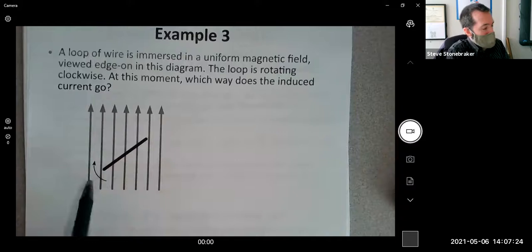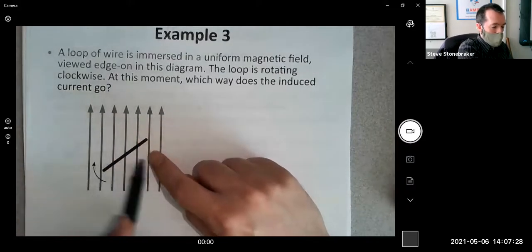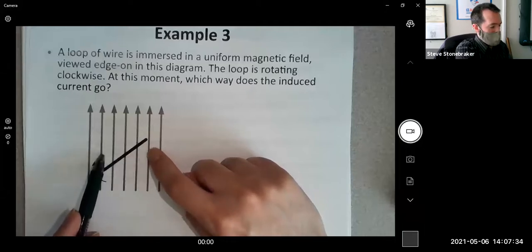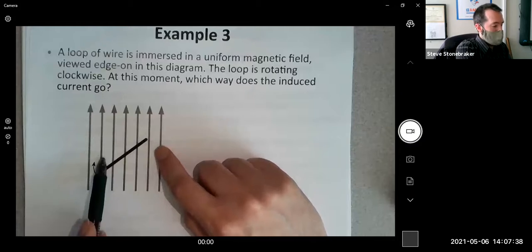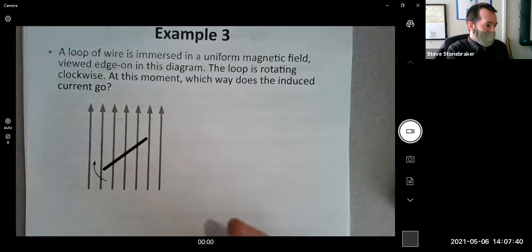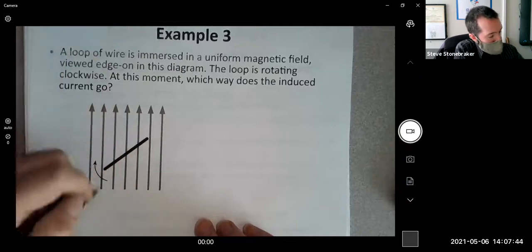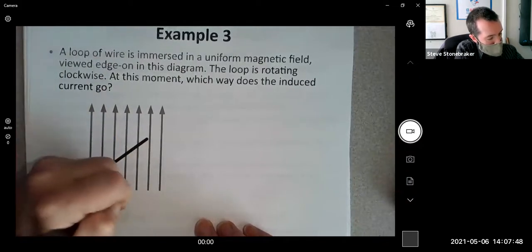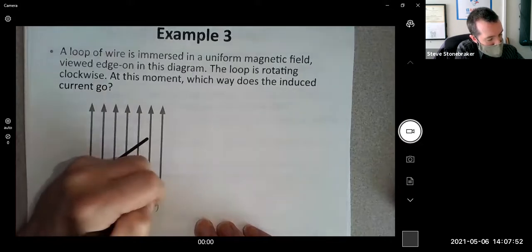So as this turns, it's approaching this horizontal position where it would have its maximum possible flux. The way you would catch the most field lines is by flattening it out. So I know the flux is increasing at this moment, and the flux goes up. So upward flux, and it's getting stronger.